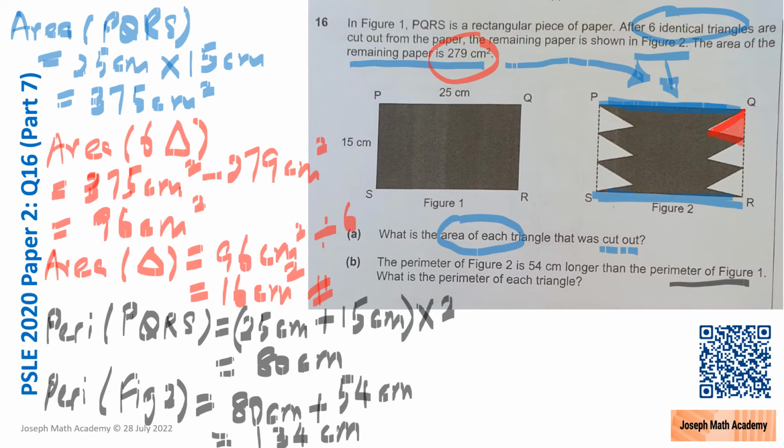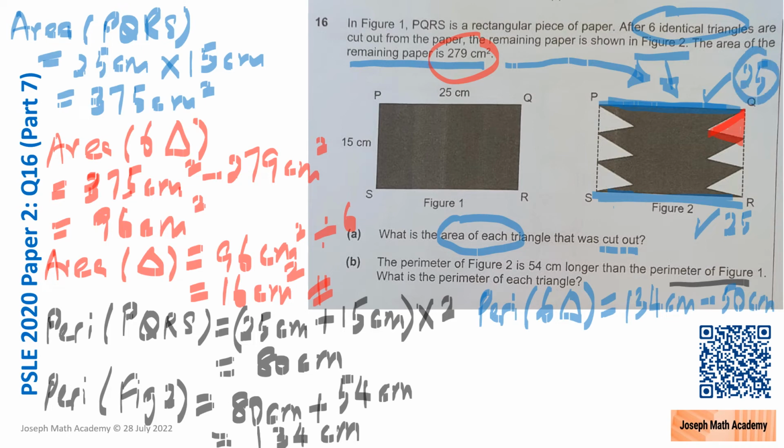Okay, so let us minus away PQ, minus away the line SR. Okay, all right, so to find the perimeter of the 6 triangles, we just take 134 cm minus away PQ and SR. PQ is 25 cm and SR is also 25 cm. So 25 plus 25 is 50 cm.